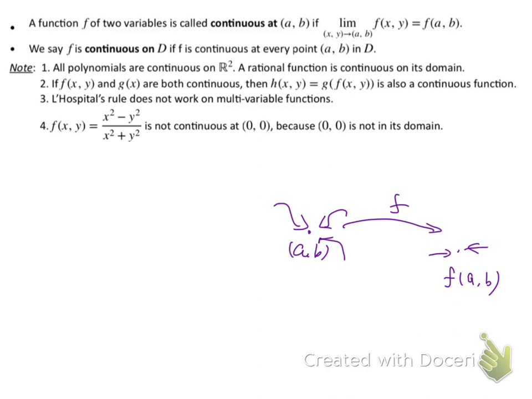If f and g are both continuous, then you can do composition. So you can put all these functions together. If every step of the function is continuous, the whole thing is continuous. So for example, e to the x squared minus y squared is a continuous function at any point, because this is a polynomial and e also has domain everywhere in R2.